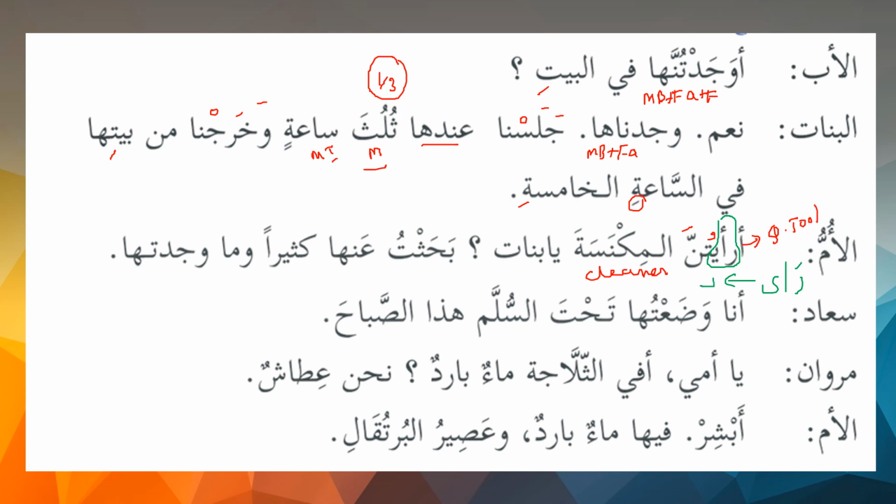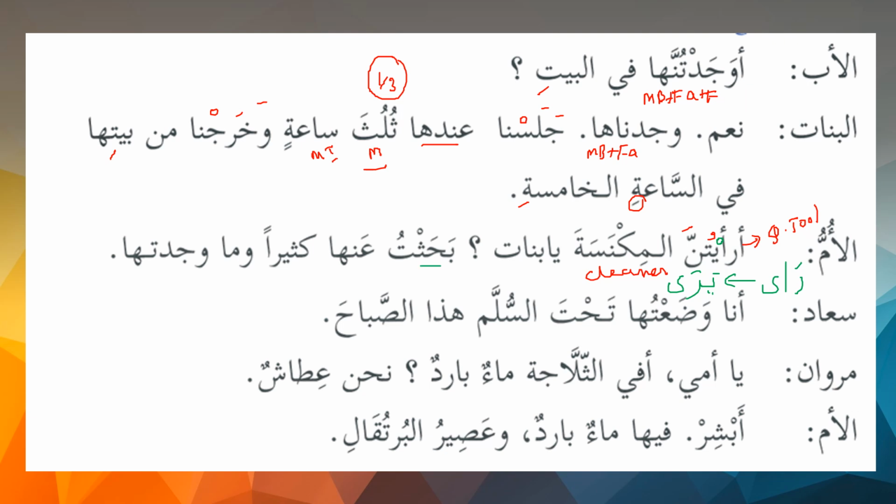For example, yara, it remains the same. So this is an exception. But in the past tense, if I can just rub it off, you can see here the alif makhsura is changed to ya with sukoon. So did you see the cleaner or vacuum cleaner, ya banat?